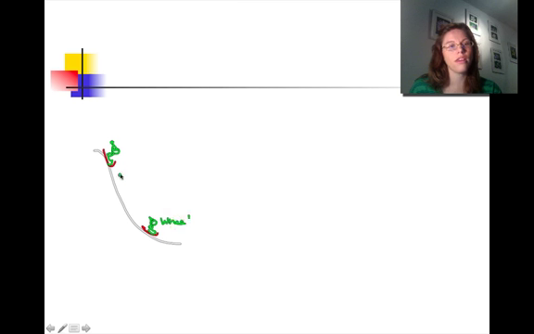Yay, she's having fun. Okay, so she's going at 2 meters per second here, and her brother is right here, timing her.